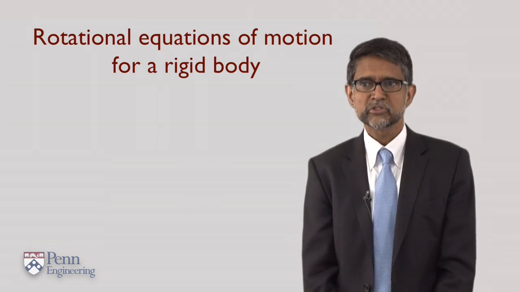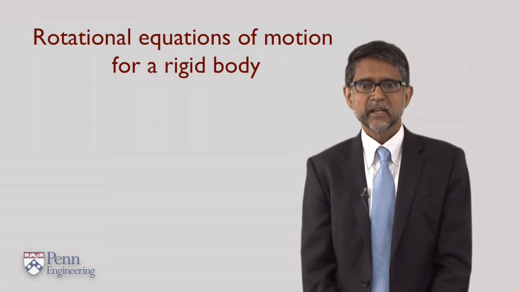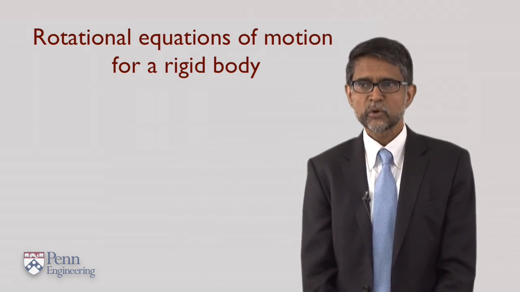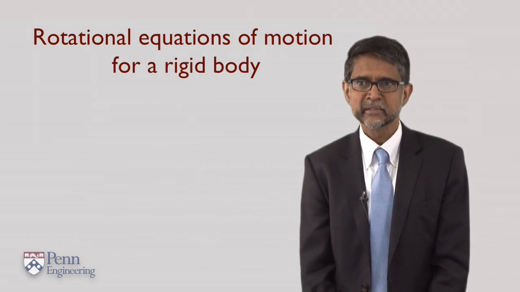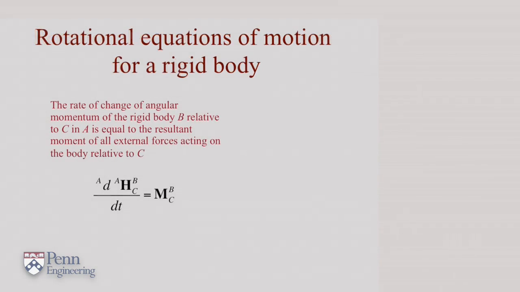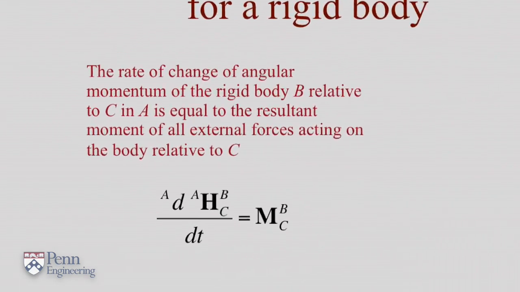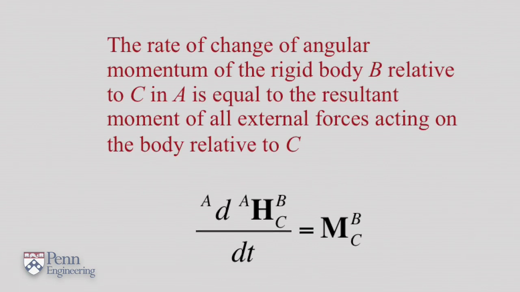What's the equivalent for rotational motions? Let's derive the rotational equations of motion for a rigid body. For linear motion, we considered the linear momentum of the rigid body and its derivative. For rotational motion, the analogous quantity to consider is the angular momentum.